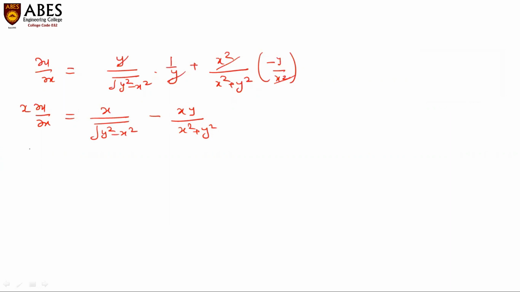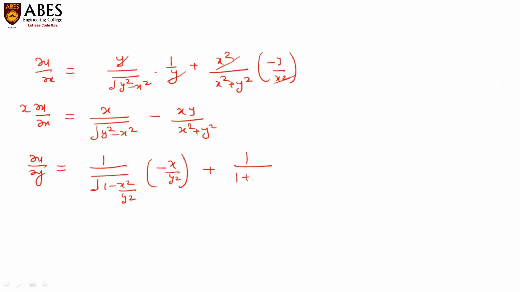Now we will find the value of del u del y, which means partial differentiation of u with respect to y. So 1 upon under root 1 minus x square by y square into minus x square by y square plus 1 upon 1 plus y square by x square into 1 by x. Here we have differentiated u with respect to y partially.